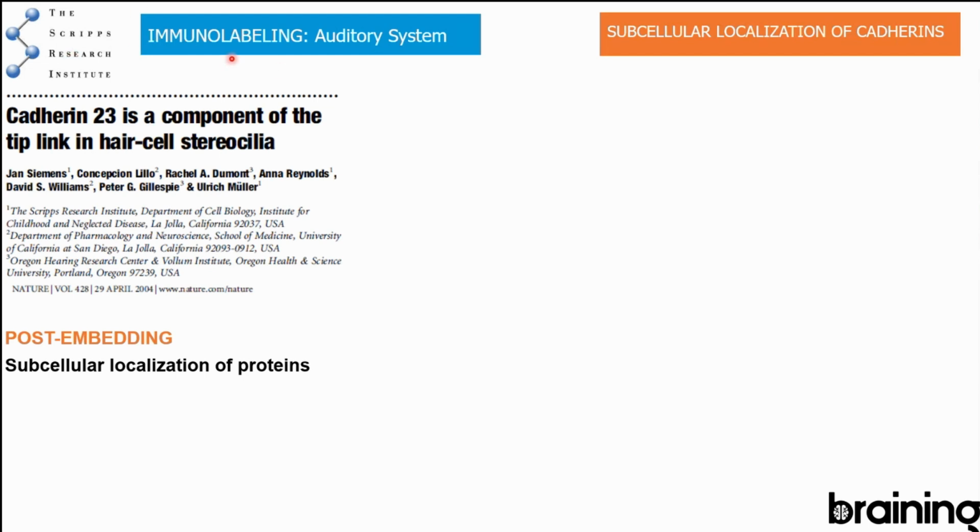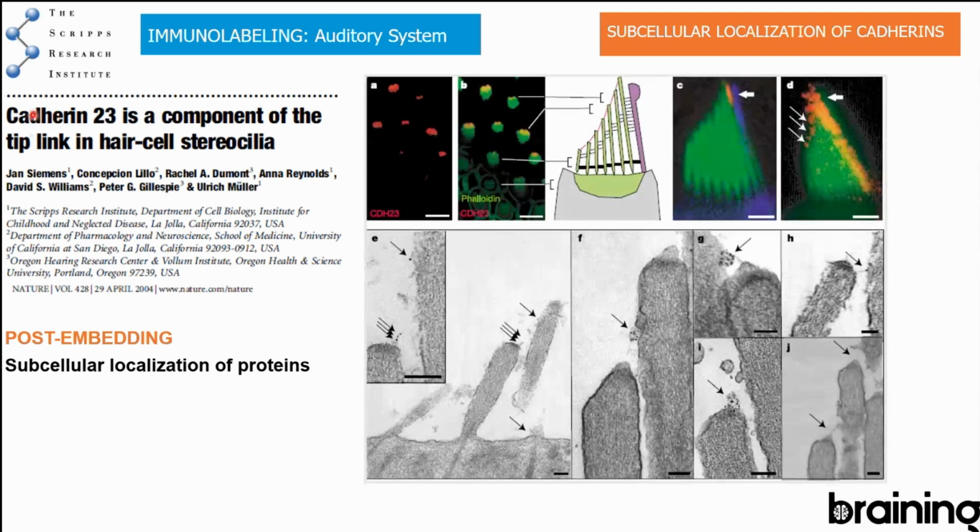And this is another experiment. This is actually pretty cool because it was hard to get the sections. We detected which protein is the component of the tip link of the cochlear cells, of the hair cell stereocilia. It was previously pointed out that probably cadherin 23 was the protein forming these tip links in the hair cells.